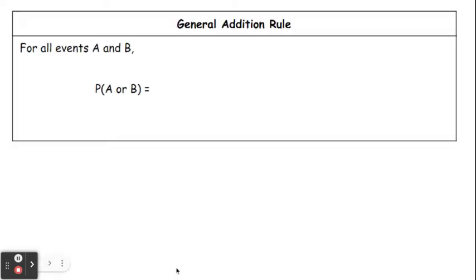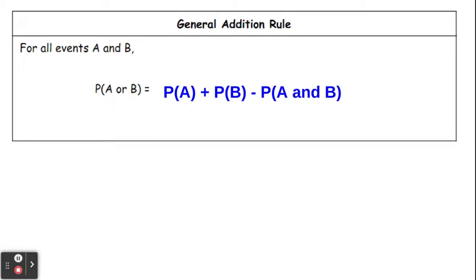So this illustrates a need for a different version of the addition rule. The old version of the addition rule that we used in chapter 14 only worked when we had mutually exclusive events, meaning there was no overlap. Here we have a general addition rule which works for all events. And we're going to write that like this.